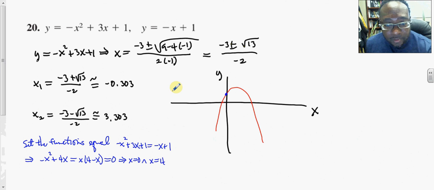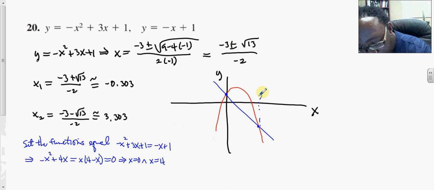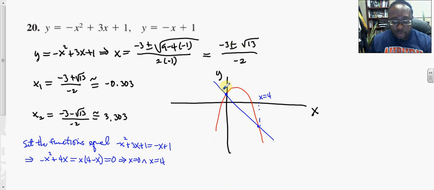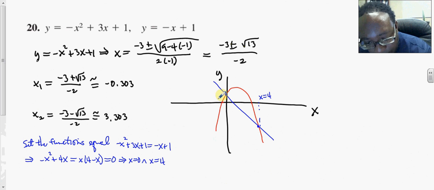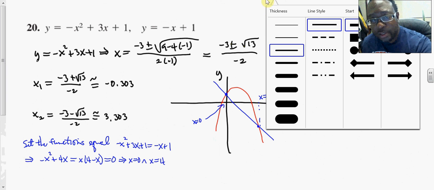And then since x is 4, so this was 3 point something, so 4 is right over here, so they're going to cross down there. And that's 0 on the origin. We get that. We're looking for what's in between.